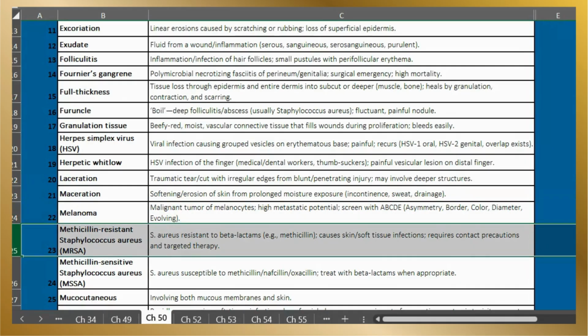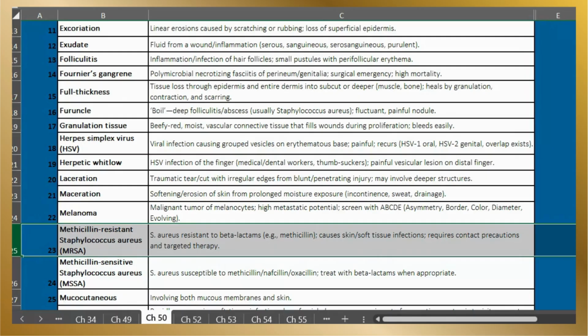Documentation tool. So the MRSA, the methicillin resistant Staphylococcus aureus, is resistant to beta lactams. The methicillins we talk about in the chapter on immunity with infections, more about their causes. It's a skin and soft tissue infection that requires contact precaution.